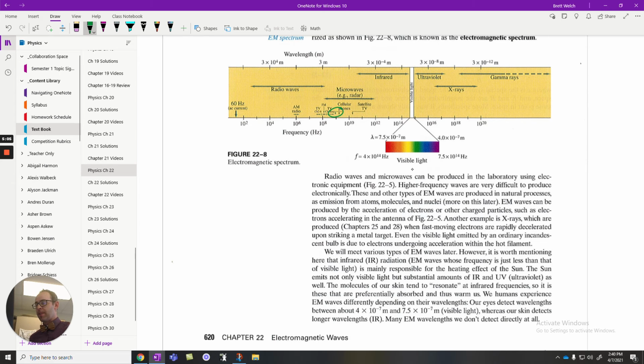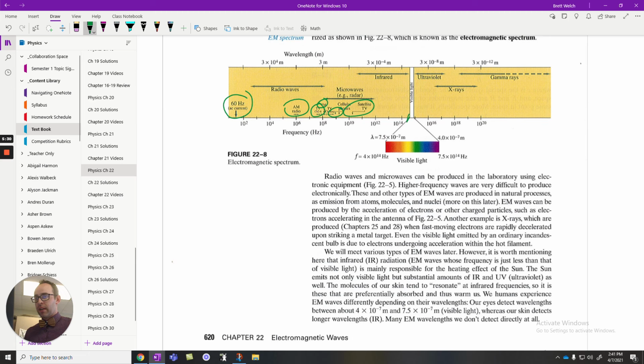Often we talk about the frequency of a wave, but we can see all the way down here our AC current. When we want to run electrical current, we run it way down here. We've got our AM radios, our TV channels, our FMs right there, our satellite TVs up here. We can see all these different sections of wavelength or frequency that we use for different things.